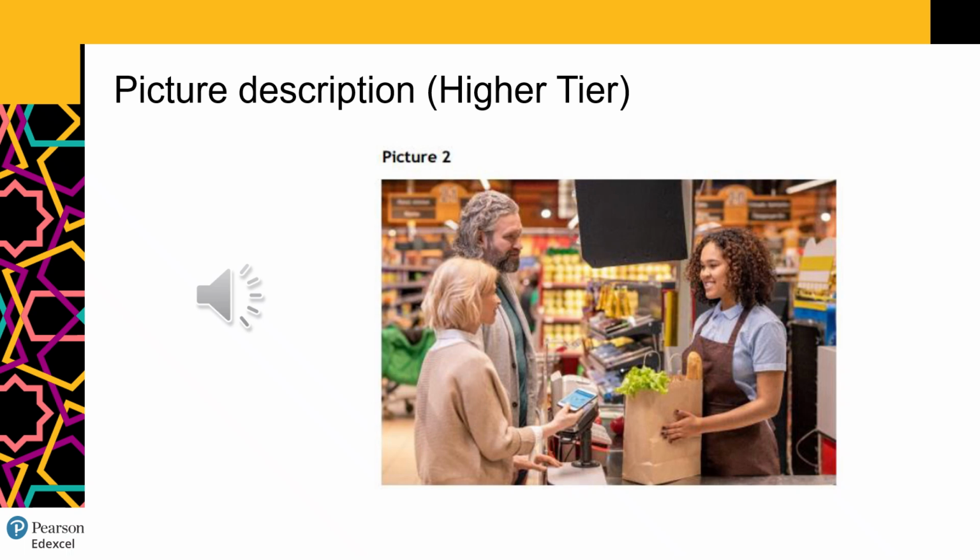Sí. Y el hombre es muy alto y tiene pelo gris. Hay en un supermercado. Sí. ¿Algo más?